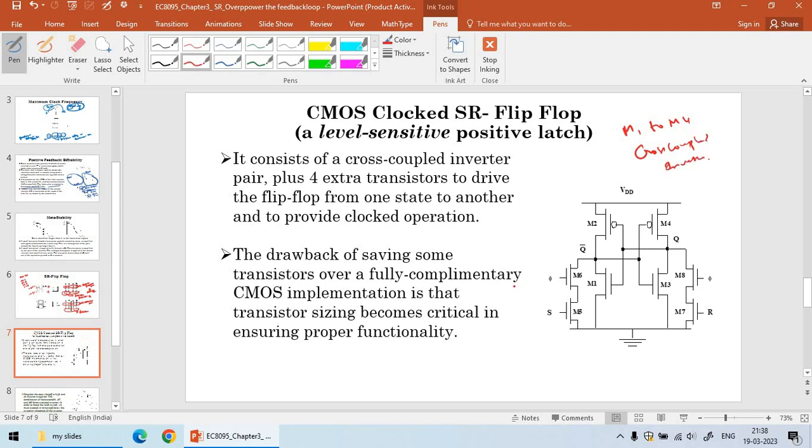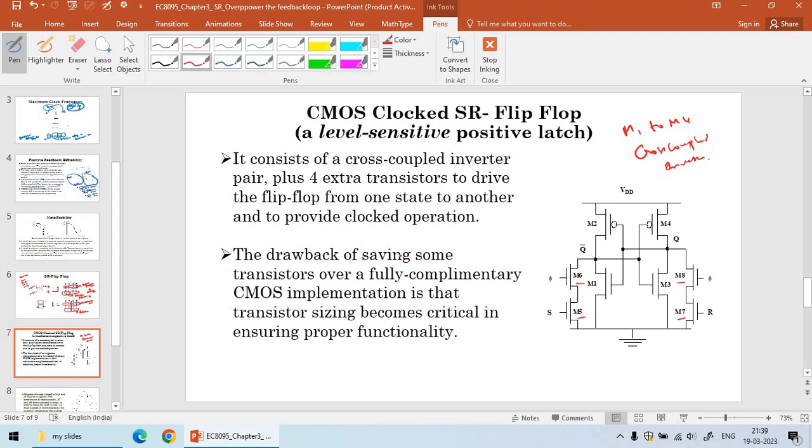You have 4 extra transistors to drive the flip-flop from one state to another and to provide clocked operation. So M5, M6, M7 and M8 are the extra transistors to program the SR type flip-flop, and this technique is called the overpowering technique.